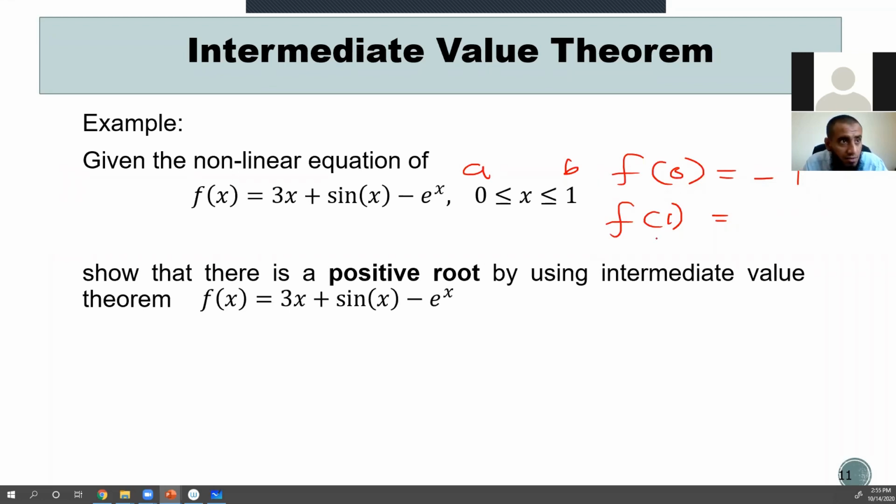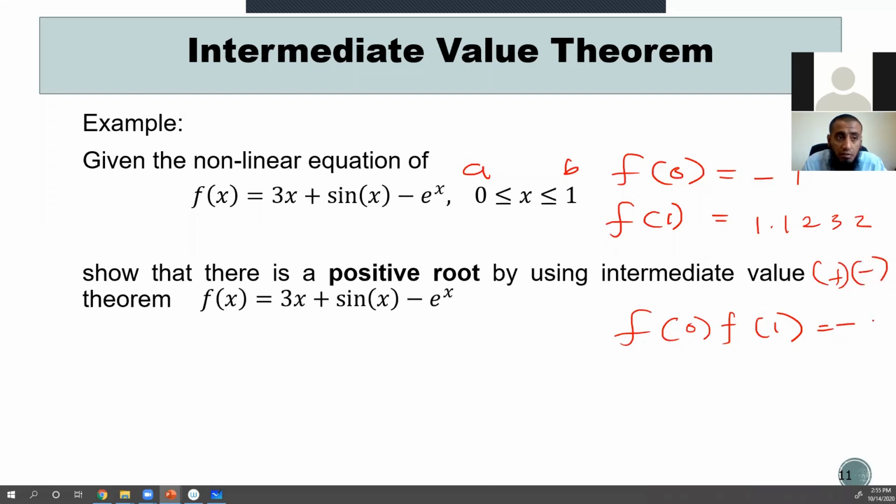F1 is 1.1232. Okay. So the point, if we multiply, we get the positive multiply with negative become negative.